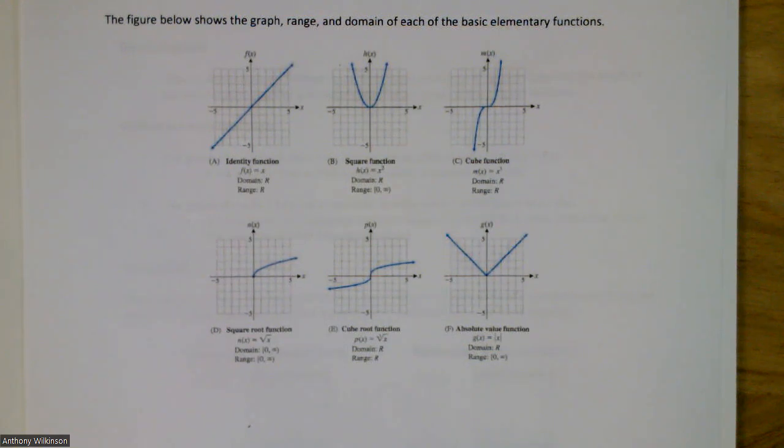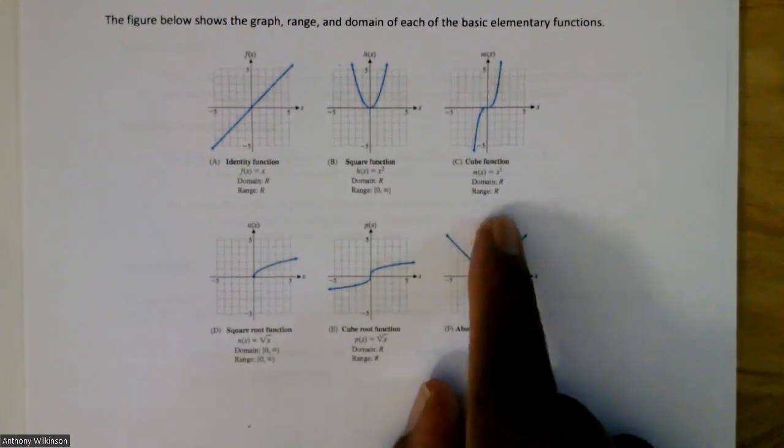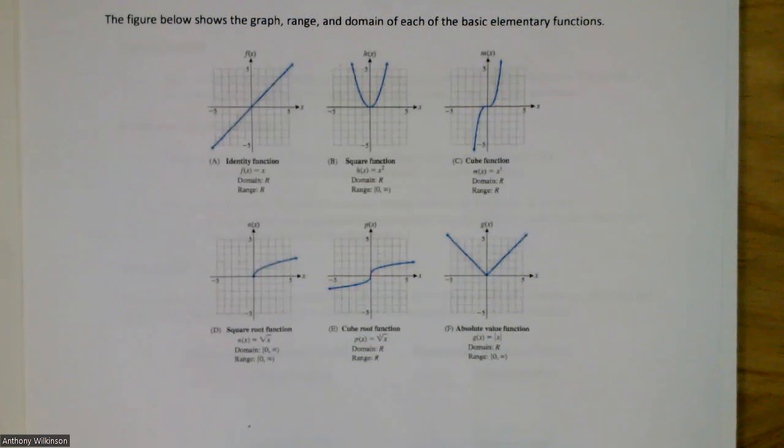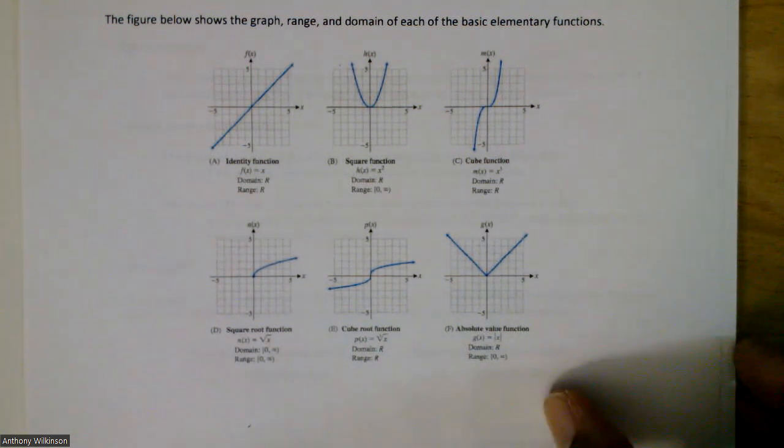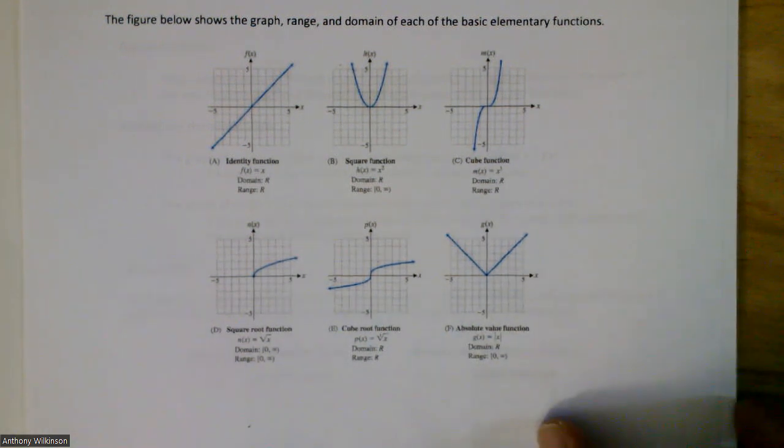Now, the domain for that is going to be the set of all real numbers, but the range, which is your set of all your y values, the lowest y value it would ever reach is 0, and it just goes on up like this. So from 0 to infinity would be your range for the absolute value function. All right, so be familiar with those 6 basic elementary functions because we'll be using those throughout this section.